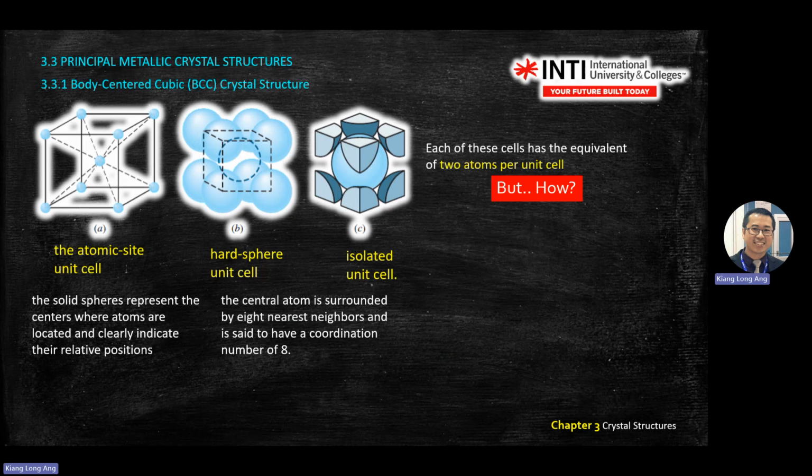Center already one complete one. Then the top got 4 corners. Each corner is quarter, quarter, quarter, quarter. You join 4 quarters, you get half, right? But below, you got 4 corners. Each corner is a quarter. You join the 4 quarters, you get another half. So the below half and top half join, you get 1 atom. So total, you have 2 complete atoms for BCC.